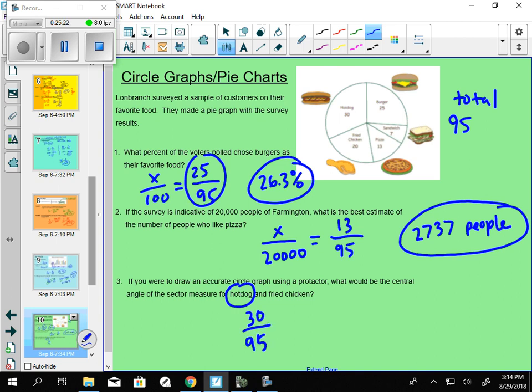Now, before when we did this, we would do what out of 100? That's for percentage. We're not doing percentage here, so we don't want to do out of 100. Here you got to go back to some of the stuff you learned in geometry. What do we know about angles in a circle from geometry? Well, hopefully from what you learned there, you know that the number of degrees around the circle is 360.